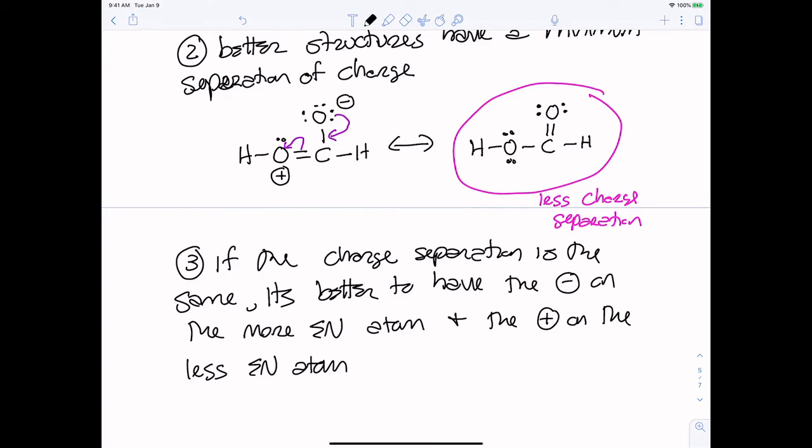So the negative on the more electronegative, the positive on the more electropositive or less electronegative atom.